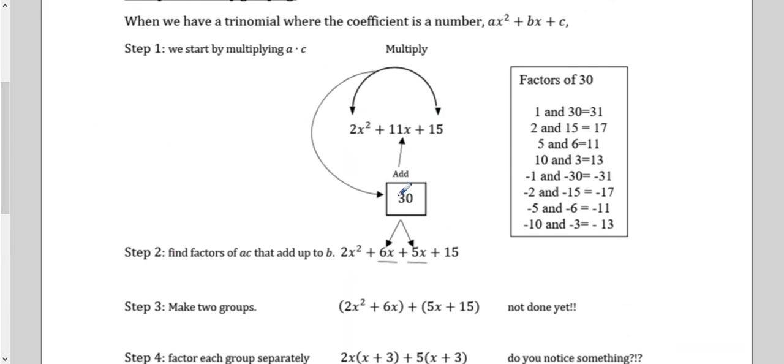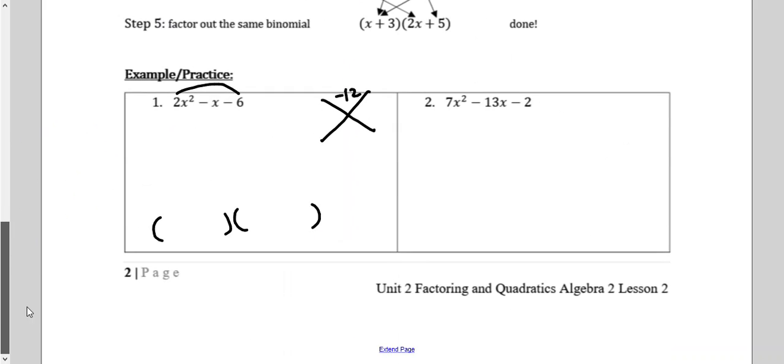I did 2 times 15, which is 30. Same thing here. 2 times -6 is -12. And then those two numbers have to add together to give me the -1 here. So let's start by looking at factors of -12.